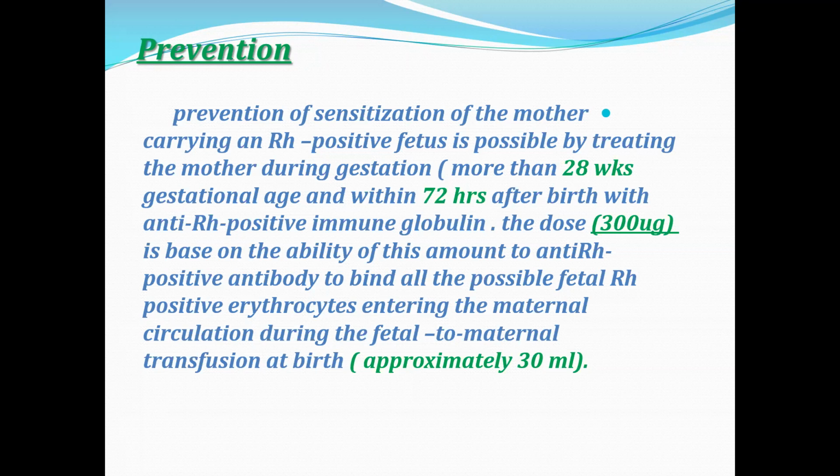Most of the blood that is transferred from the fetus to the mother is about 30 ml, so 300 microgram is enough to deal with such an amount. A larger amount may need more anti-D, more than 300 microgram.